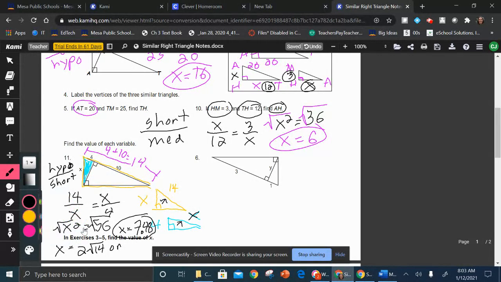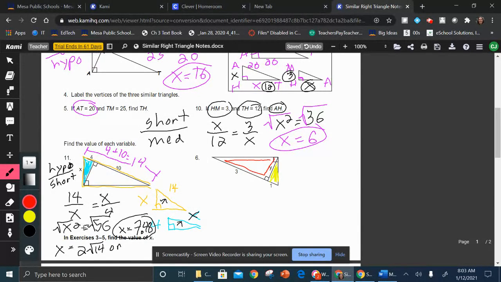Let's do the same thing with this one, everybody. Notice I am using color. You want to use color to help you figure out which one we're talking about. So we have this one, and then we also have our other one, the one inside.